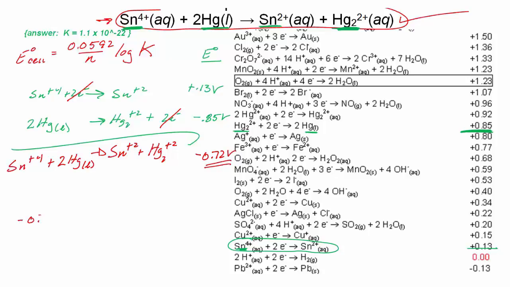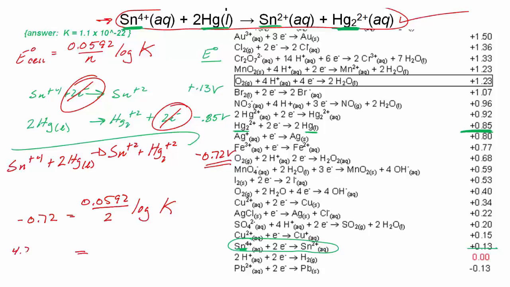So let's plug everything in. Negative 0.72 has to equal 0.0592 over N, and we said N was 2, log K. So bring those numbers over: 0.72, negative, times 2, divided by 0.0592, and raise it to the 10 power, about 4.7 times 10 to the negative 25 is my K. A very small number.